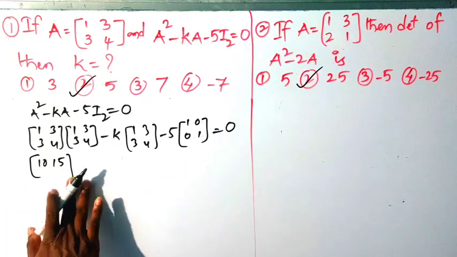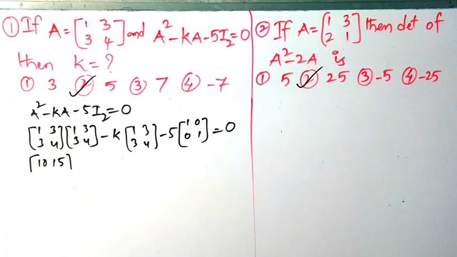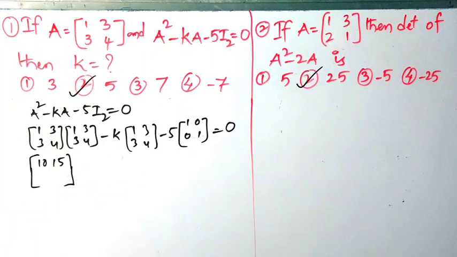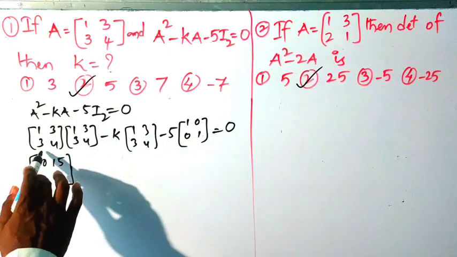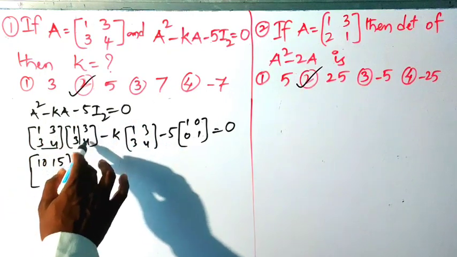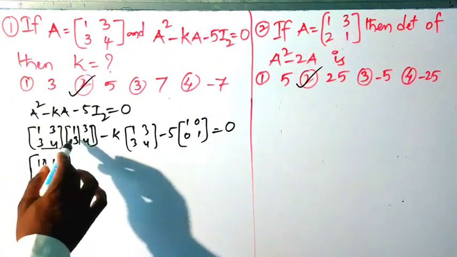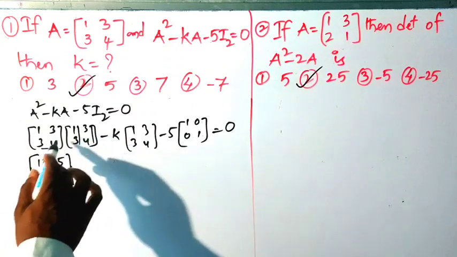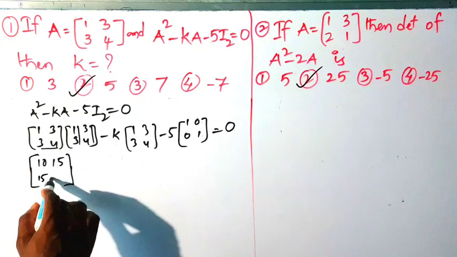Next, the second row, same operations. 3 into 1, 3, plus 4 into 3, 12; 12 plus 3, 15 again. 3 into 3, 9, plus 4 into 4, 16; 16 plus 9, 25.